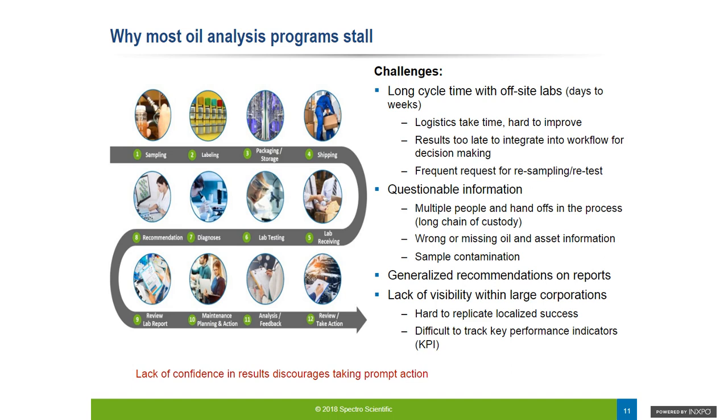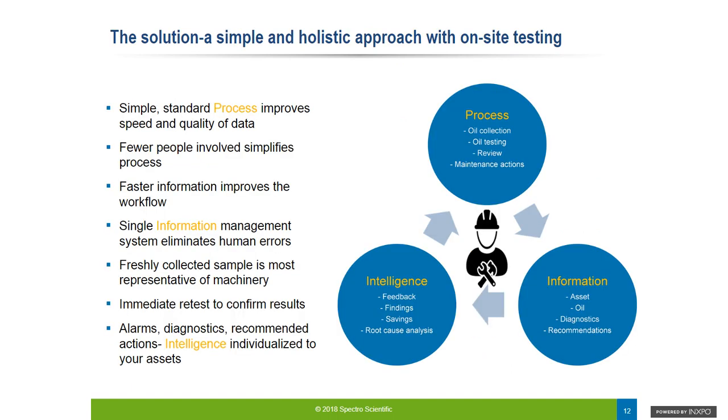And then borrowing from another theme that we saw earlier, there's a lack of visibility within large organizations. We have seen where some facilities are exceptional success stories. They do great work, but they're not able to leverage that success within their own network. Oftentimes, the plant next door has no idea about the success that's occurred earlier.